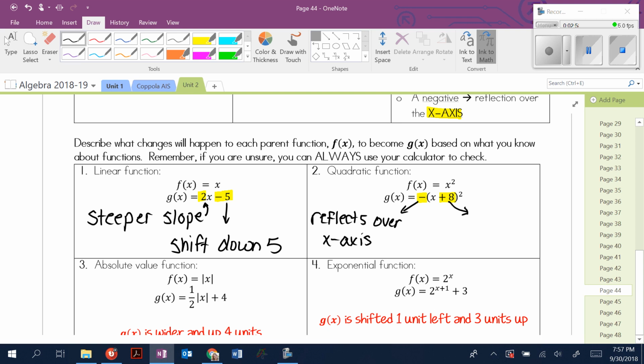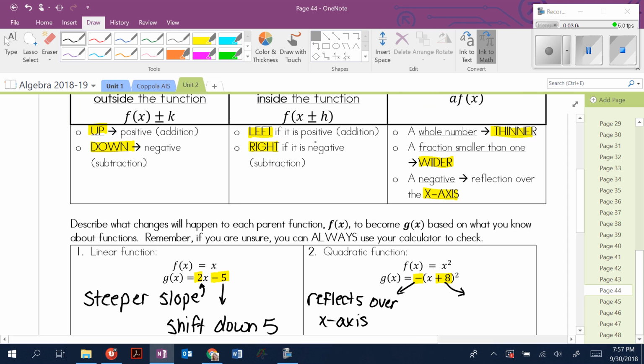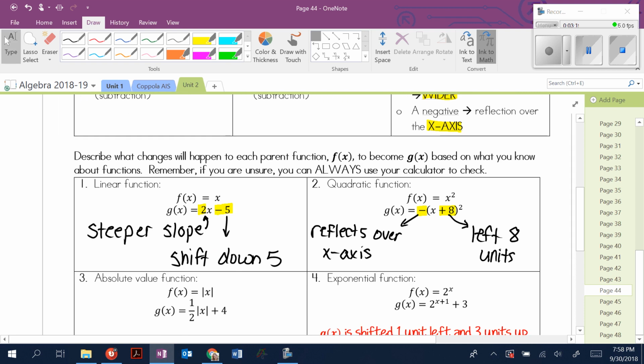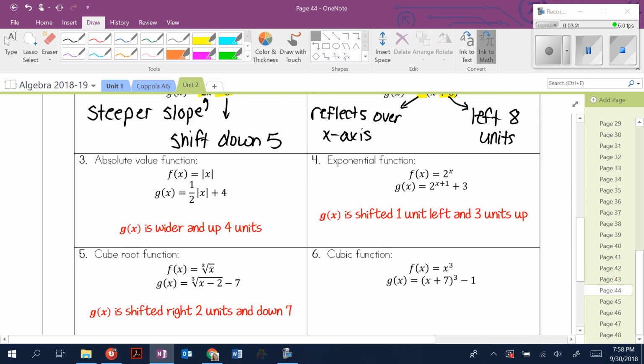Inside the parentheses, left or right. Plus 8, is it going to move it left or right? Positive addition, it's going to move left 8 units. And when I say it, we're moving the parent function. f of x moves left 8 units. f of x is going to be reflected over the x-axis, the parent function.